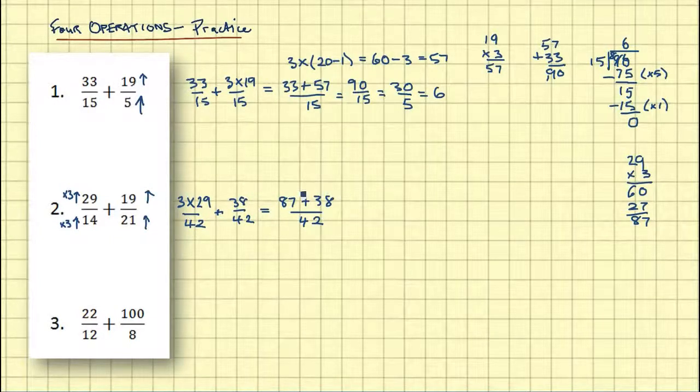Okay, so you might want to pause the video again, because this time we've got 87 plus 38. How are we going to add 87 and 38? Just pause the video, give it a go, and then come back and see how we did it. Okay, so 87 add 38. I think what I might think about doing here is again changing the numbers to make life easier.